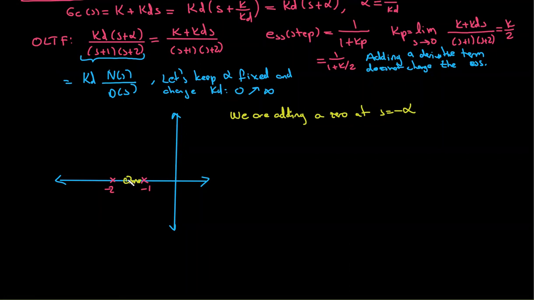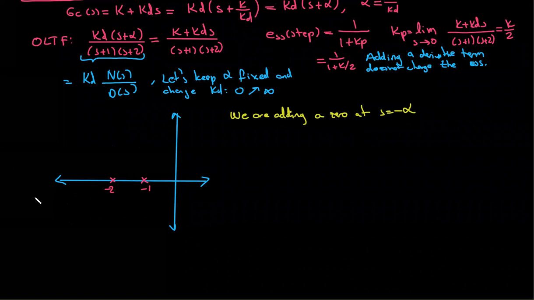When k is infinity, it will still be very close to the imaginary axis, somewhere between -2 and -1. And that's not going to improve the settling time very much, right? So we want the settling time as small as possible, at 3 over psi omega n. So it is better to have it as far as possible, right?